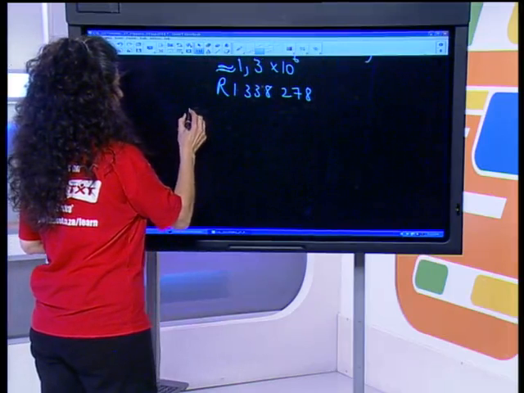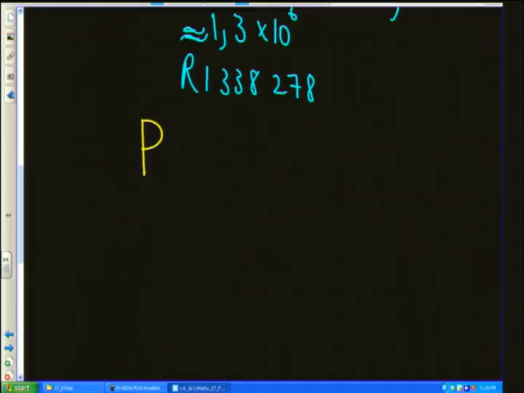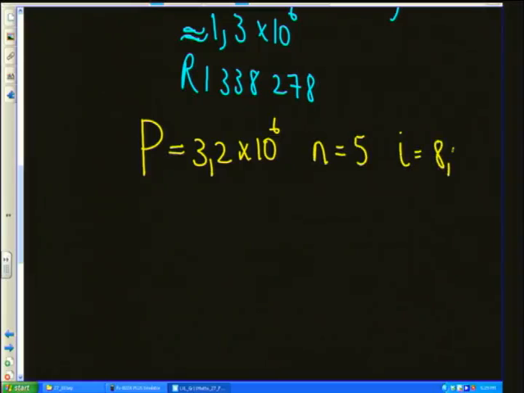So we then have the situation. I want to know what my cars, which presently cost me 3.2, are going to cost me in 5 years' time if my rate is 8.5% per annum, compounded annually.